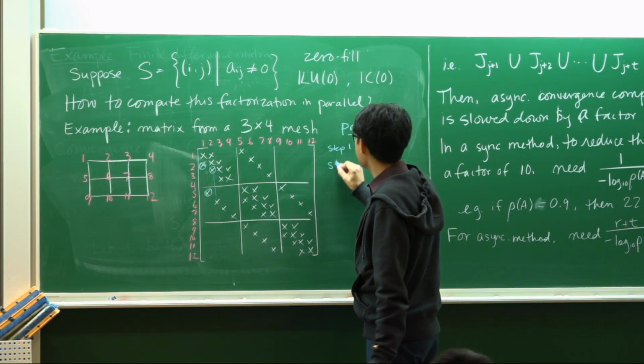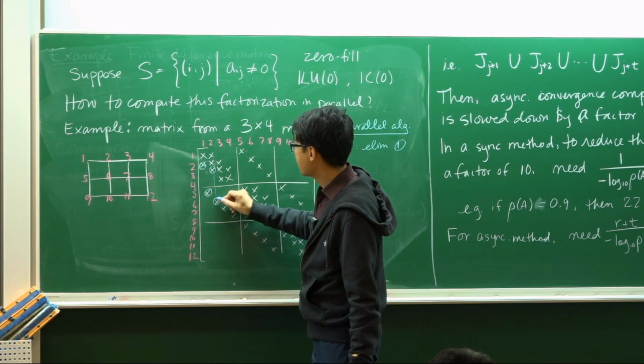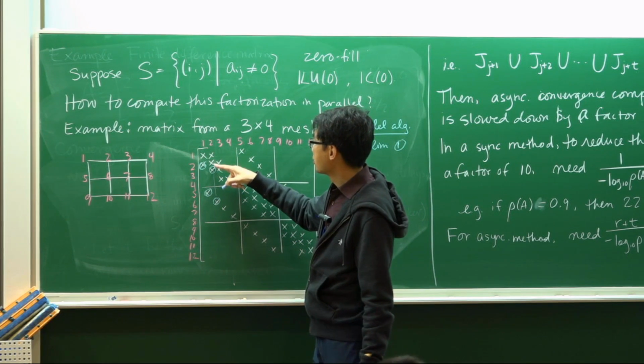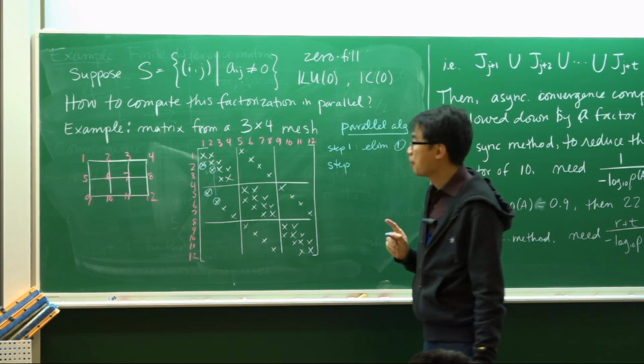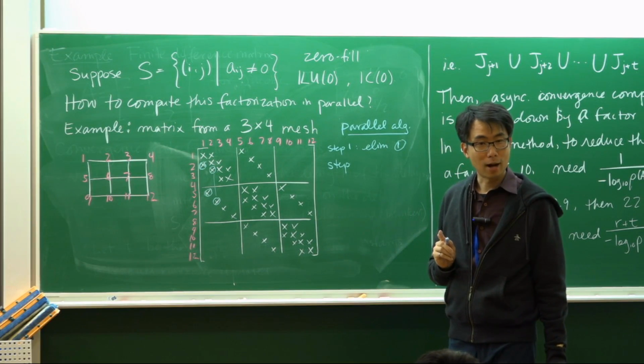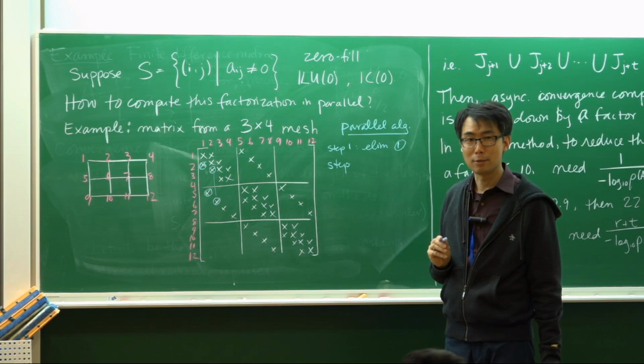In step 2, we're going to create zeros over here. That's fine because this only depends on the first column, which already has been eliminated. But there's another column that can also be eliminated at the same time. You see which one that is?